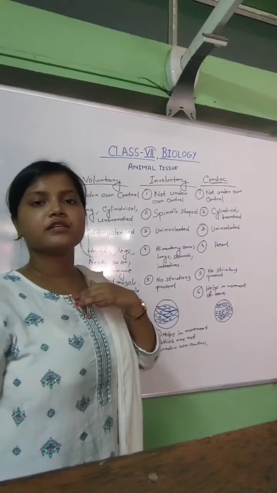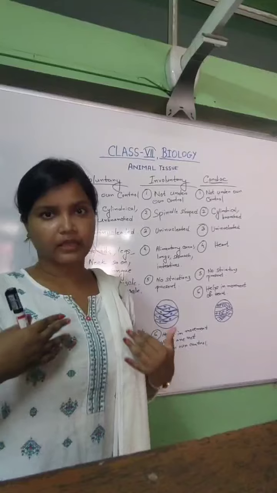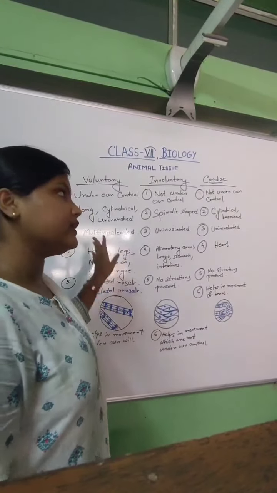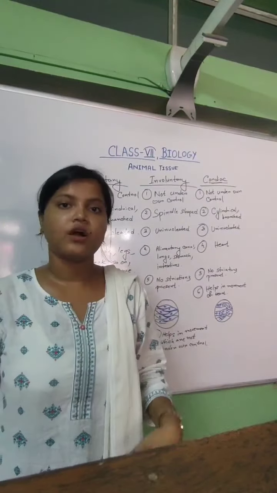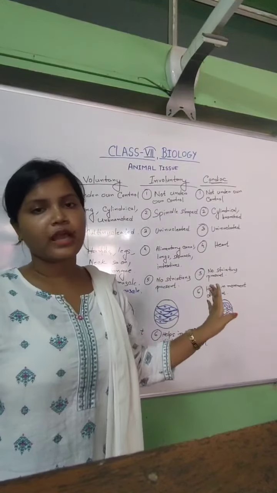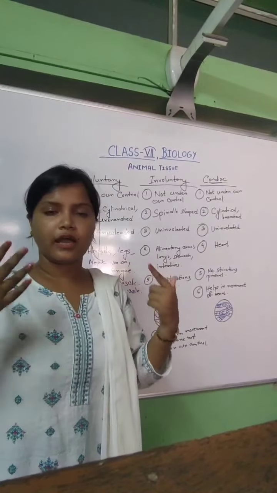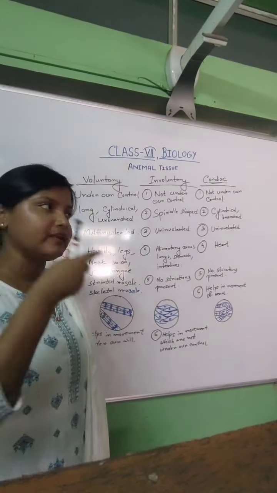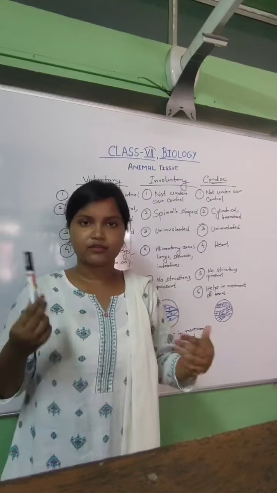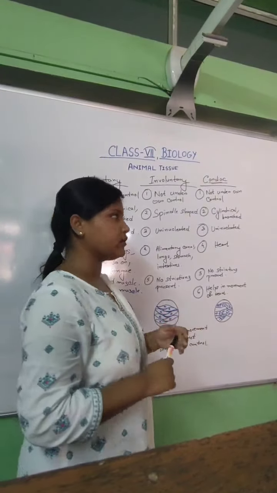Voluntary muscles, because they volunteer, that means they are willing to listen to us. You can remember it that way: they say I will volunteer, so I will do what you say. Involuntary muscles are like, no, we are not volunteers, we won't listen to you, we will do as we decide. They are under the control of our brain.